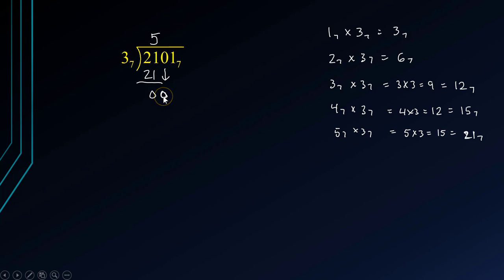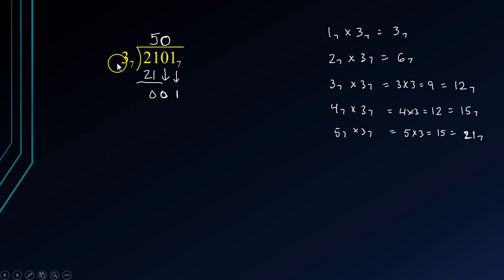Well, I have nothing here still, so just bringing down this next number doesn't really help me a whole lot. So I'm going to put another 0 up here and bring down the next number, which gives me a 1. Now that's the last digit I have, so there's no other numbers to bring down, and we certainly don't go into how to deal with decimals, because decimals would work very differently in a base 7 system, because you'd be dealing with sevens, 49ths, things like that, and we don't want to get into that too much.